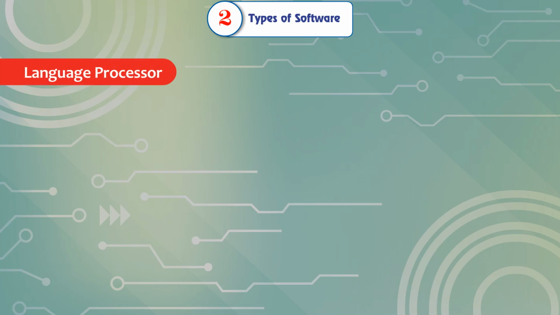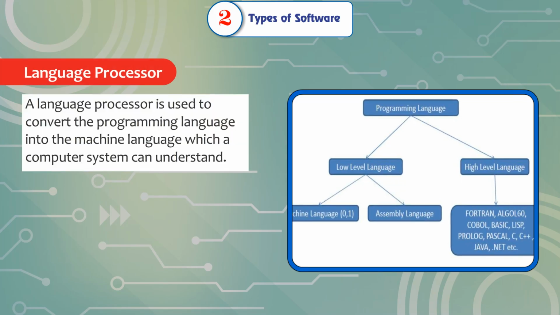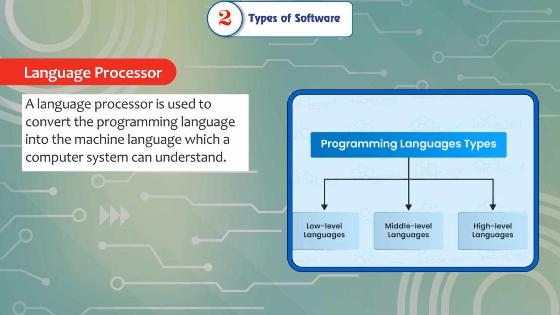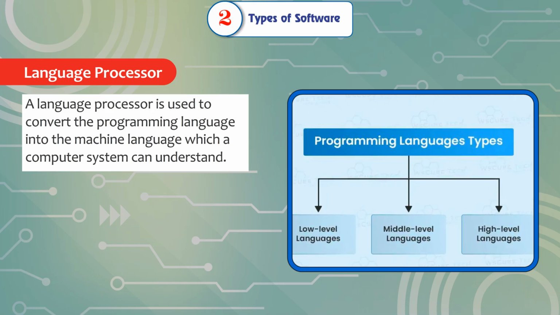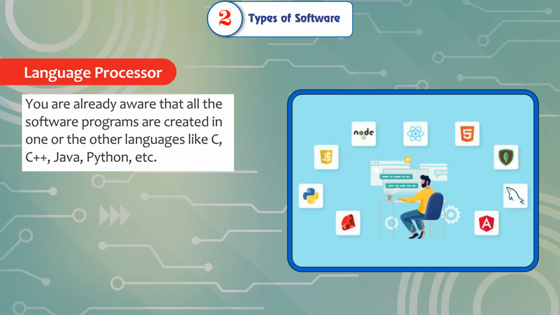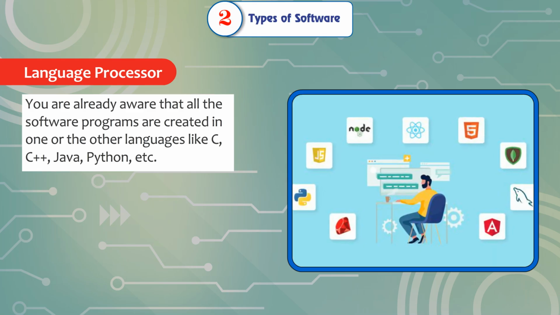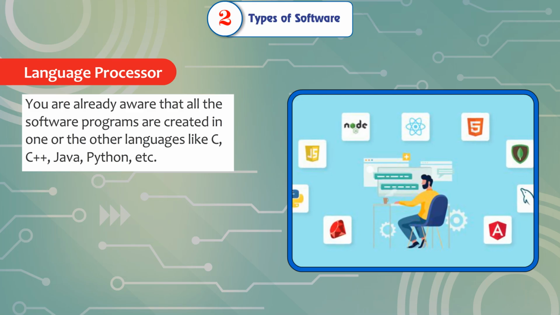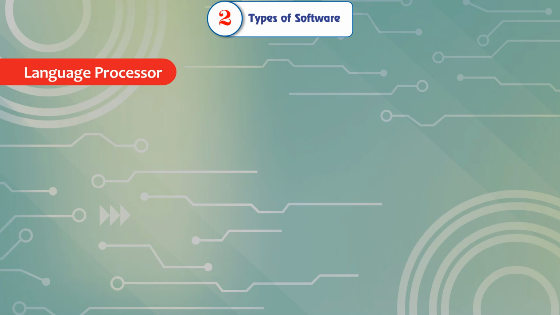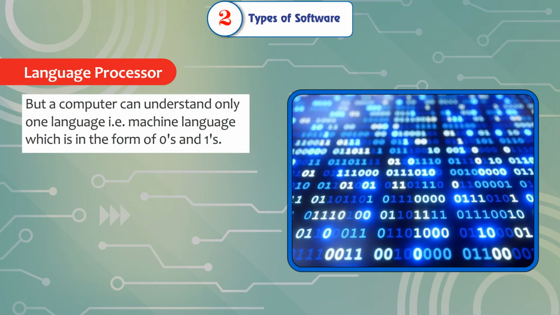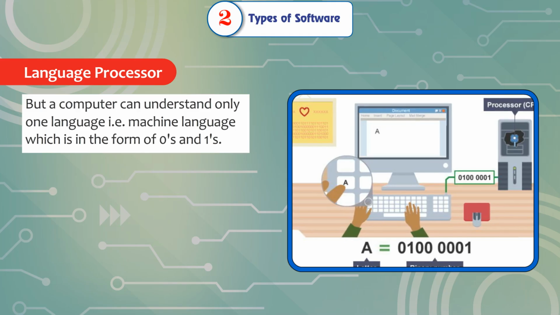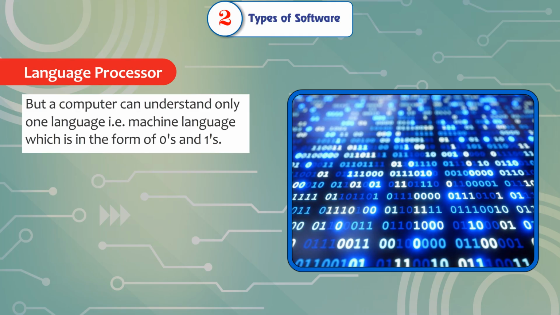Language Processor. A language processor is used to convert the programming language into the machine language which a computer system can understand. You are already aware that all the software programs are created in one or the other languages like C, C++, Java, Python, etc. But a computer can understand only one language, that is, machine language, which is in the form of zeros and ones.